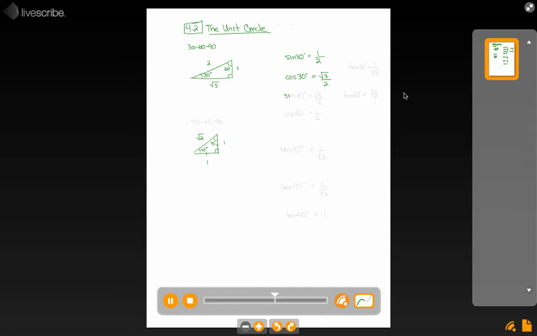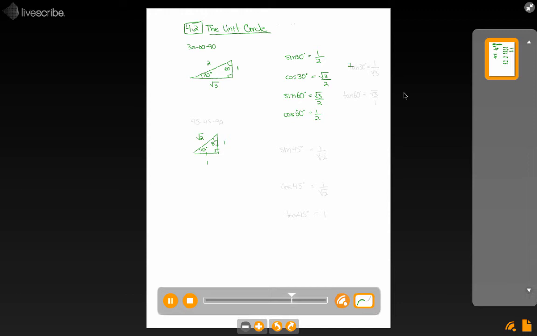If you do the same thing for the 60-degree angles, sine of 60 degrees is going to be √3/2, and cos of 60 degrees is 1/2. 60 and 30 are related in the fact that they add up to 90. They fit in the same right triangle, so the ratios are not unrelated values. They just switch around for sine and cosine.